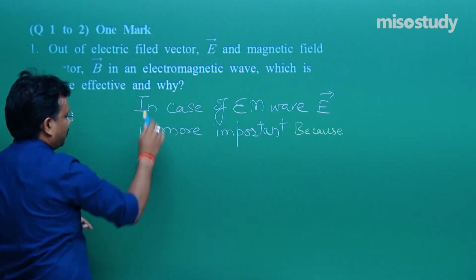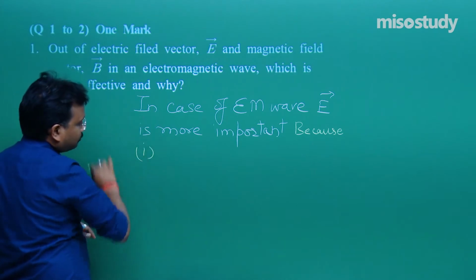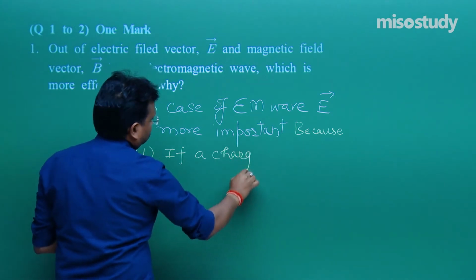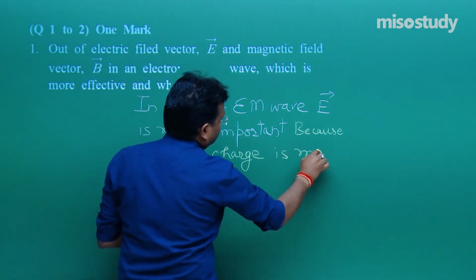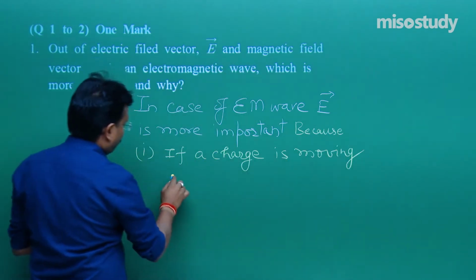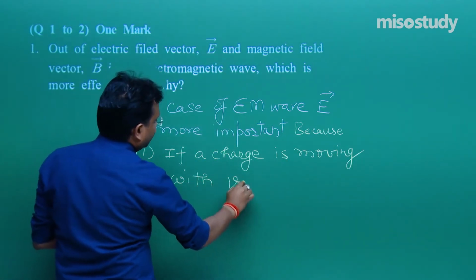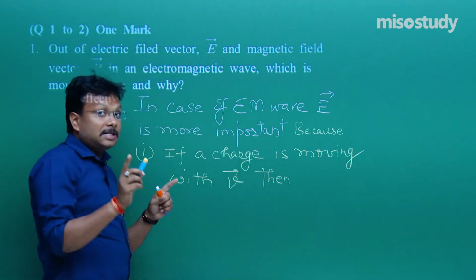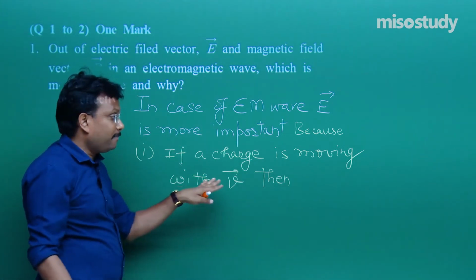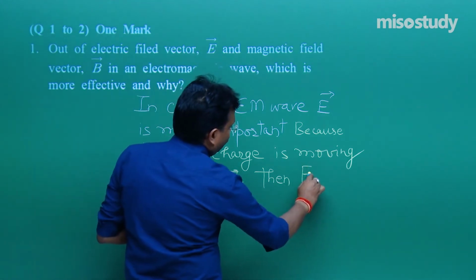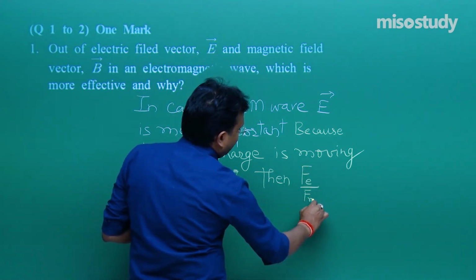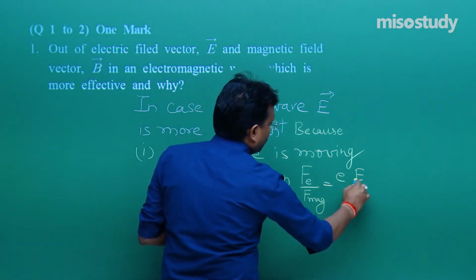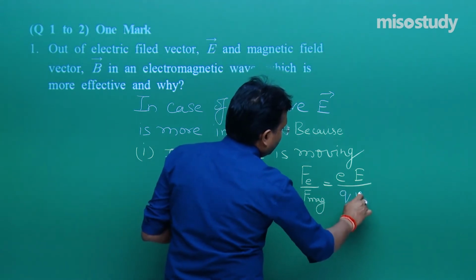First is, in this particular example, if a charge is moving with velocity v, then when this charge gets in touch with this electromagnetic wave, we can write F_e upon F_magnetic is equal to E upon qvB.